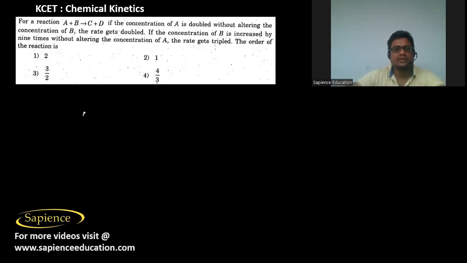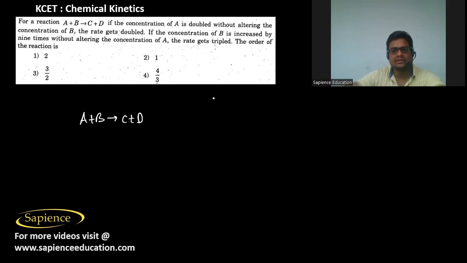Then here it is told, for a reaction A plus B gives C plus D, if the concentration of A is doubled without altering the concentration of B, the rate gets doubled. If the concentration of B is increased by 9 times without altering the concentration of A, the rate gets tripled.